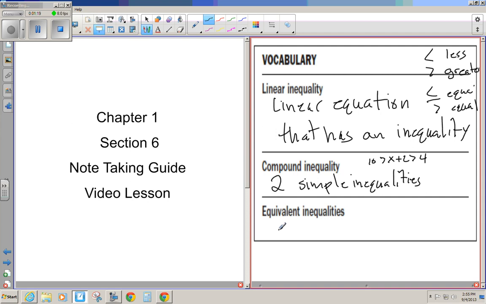Equivalent inequalities are inequalities with the same solution.